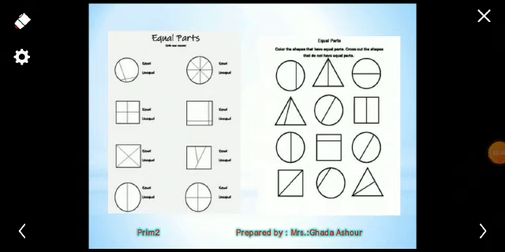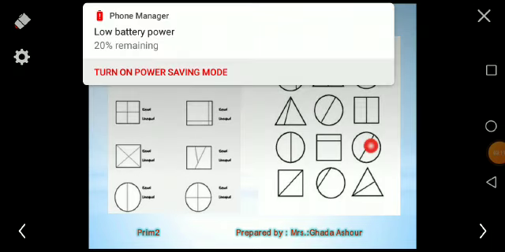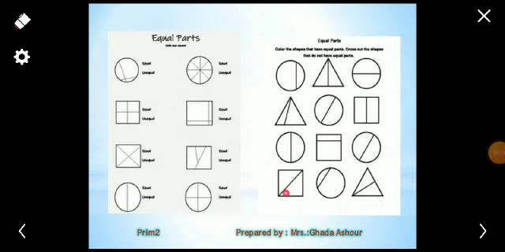What about that circle? Also, that circle is divided into two equal parts, so color it. What about that square? That square is divided into two unequal parts. Don't color it. What about that circle? Yes, divided into two equal parts, so we can color it. What about that square?